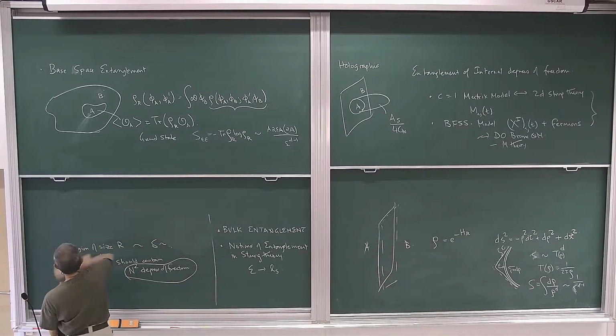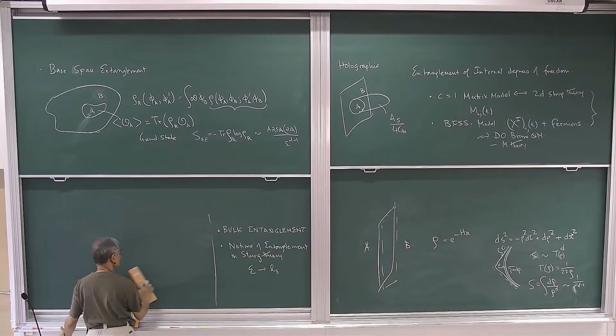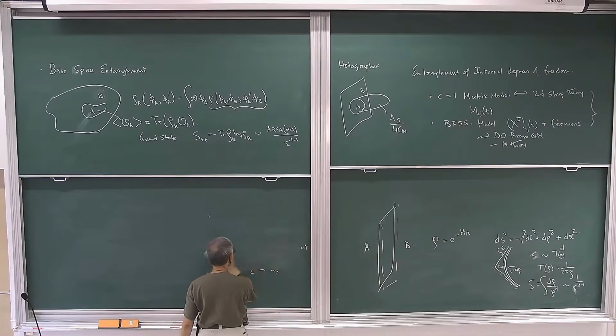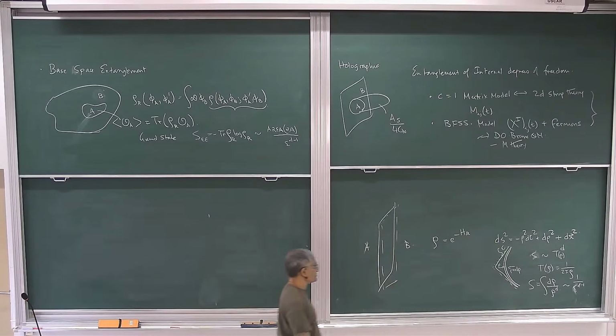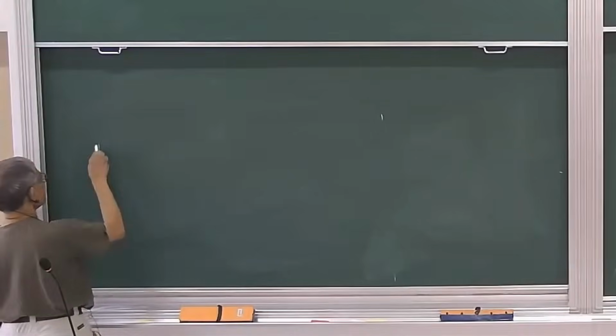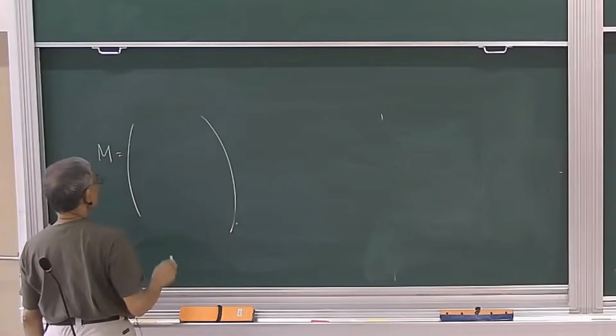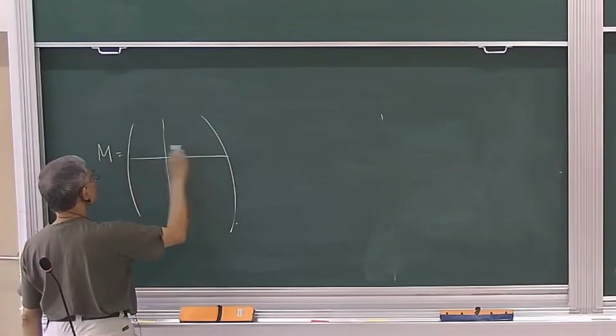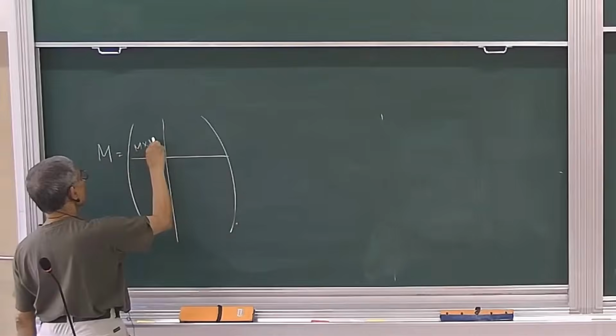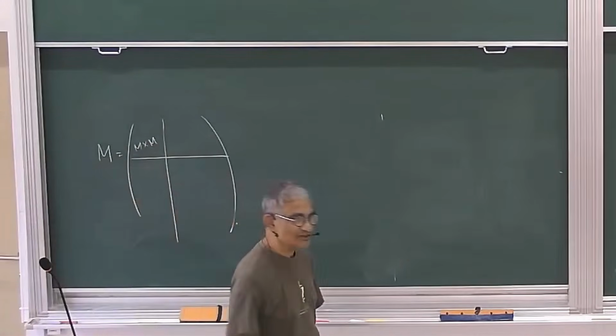Now, the main problem with trying to understand these things is that if these were just models of matrices, just some quantum mechanics of a single matrix, some N by N matrix, I could have just said that I take an M by M block of it, and that would be my subsystem.